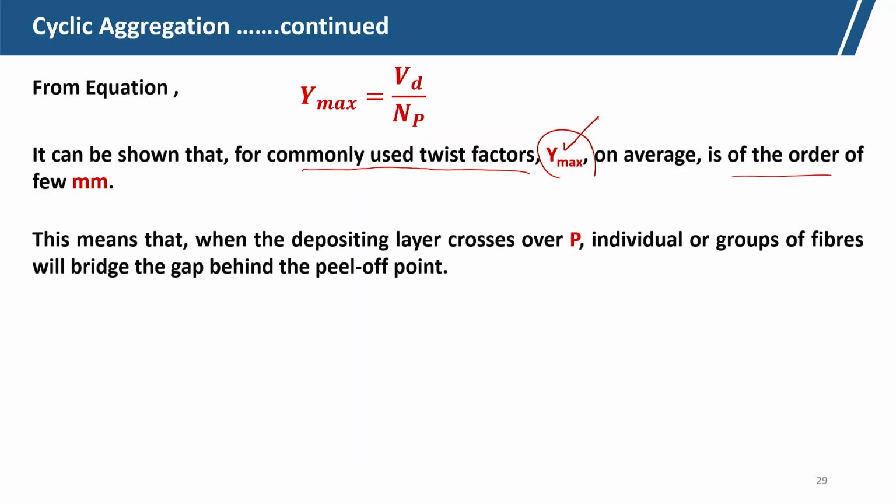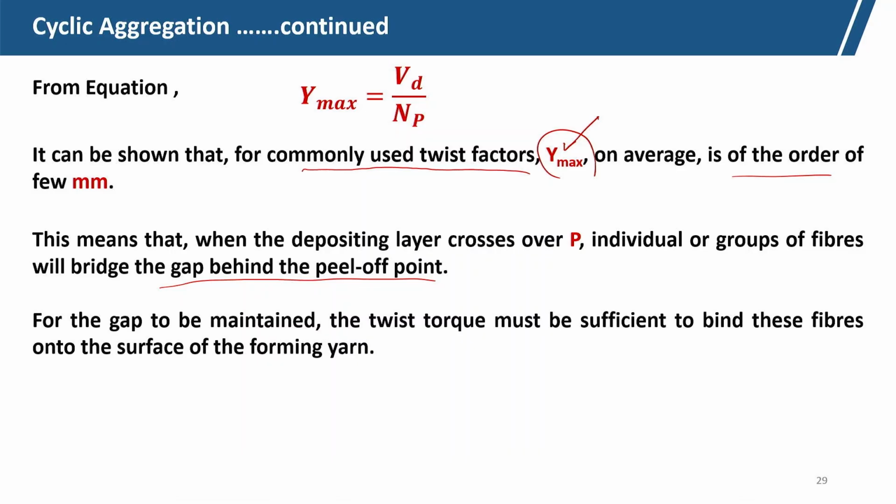This means when the depositing layer crosses over P, individual or groups of fibers will bridge the gap behind the peel off point. So, there will be some bridging fibers, and for the gap to be maintained, the twist torque must be sufficient to bind these fibers onto the surface of the forming yarn.